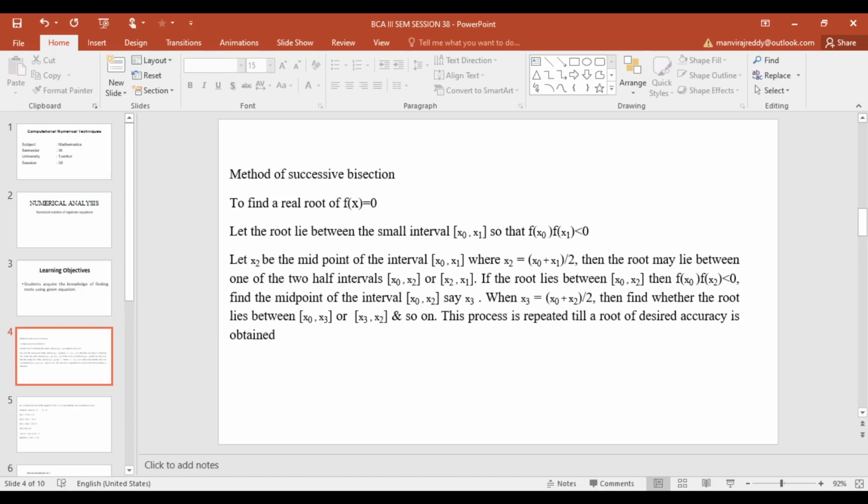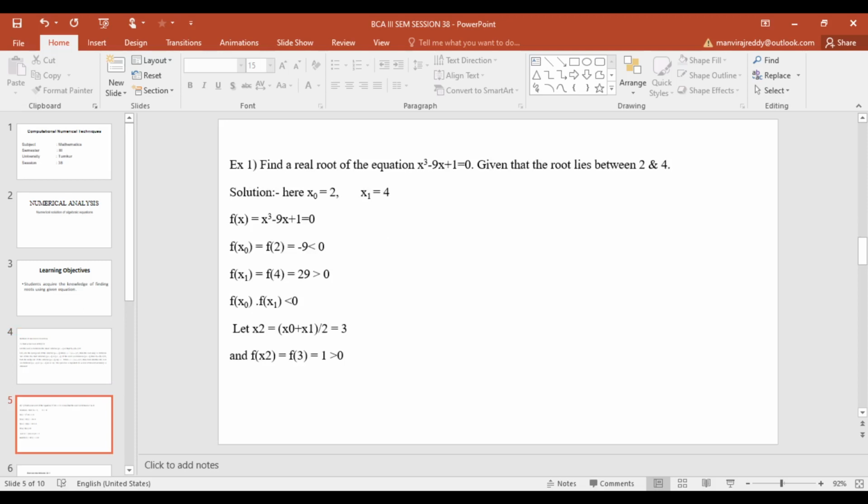So x3 is (x0 + x2) divided by 2. Again, whether the root lies between x0 and x3 or x3 and x1, we can determine in the same process by checking whether f(x0) times f(x3) is less than 0 or greater than 0. If it is less than 0, we say the root lies in that particular interval. The same process we repeat till the desired accuracy is obtained.